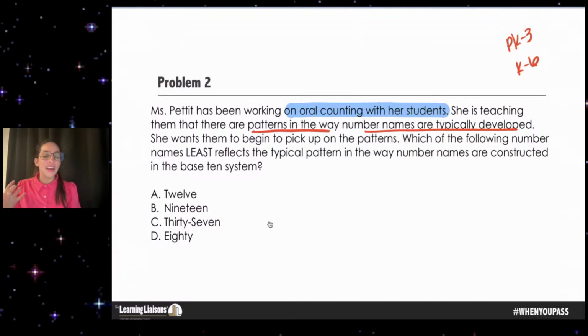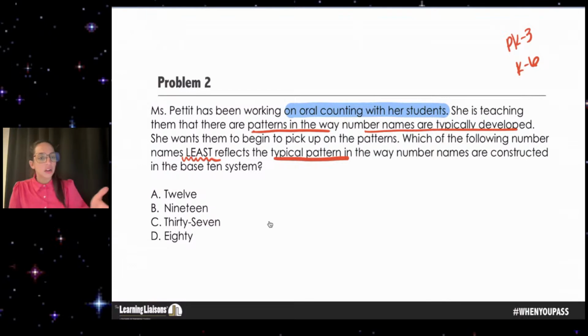We know that when we have ESOL students who come in and try to learn the language, and when we're teaching spelling patterns, we say it's I before E except after C. All of that happens, and it happens in math too. So which of the following number names least reflects the typical pattern in which names are constructed? 12, 19, 37, or 80.